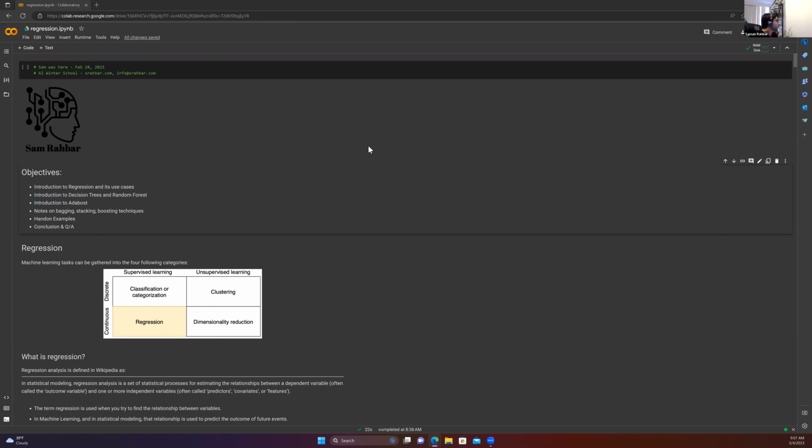So today's session is about some of the fundamental ideas in machine learning, basically random forest, decision trees, AdaBoost, and some of the concepts around those. I want to make this session a little bit more interactive, just to make sure people are not falling asleep in case I'm a little bit boring. So please feel free to ask your questions in the chat.